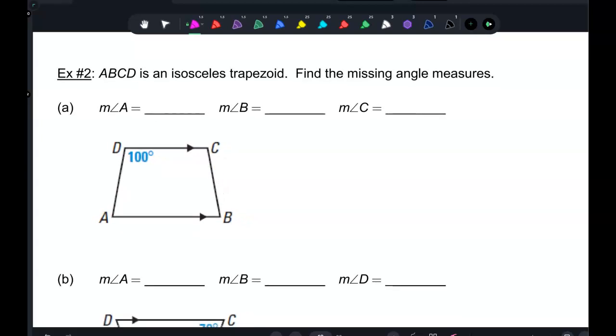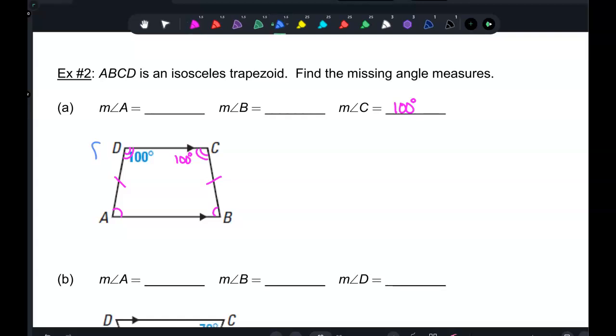Okay, so here we go. ABCD is an isosceles trapezoid. That makes AD congruent to BC. So these base angles are congruent and these base angles are congruent. So it's like the two at the top and the two at the bottom. Well, if D is 100, that's going to make angle C 100. Now remember what we were just doing.